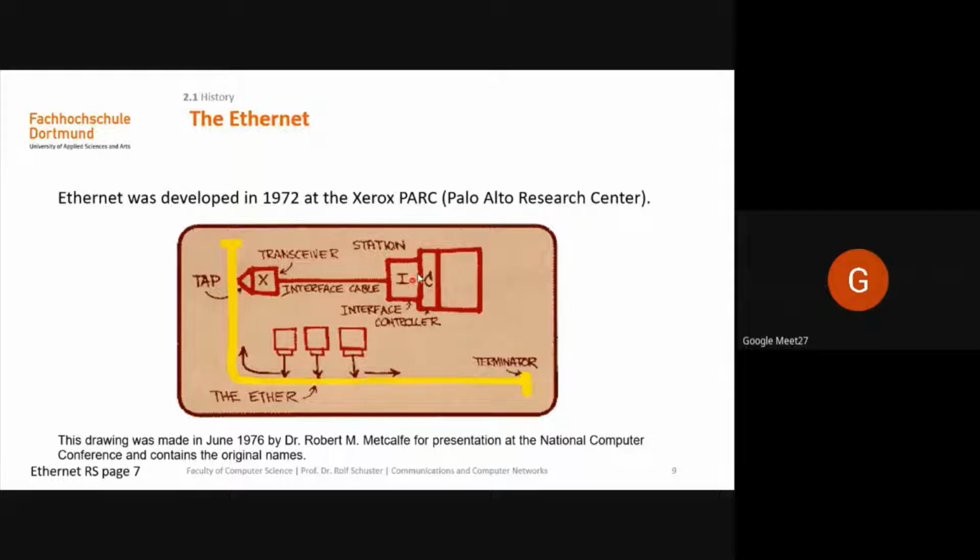And in that way, all the stations can exchange messages that are called frames or Ethernet frames.